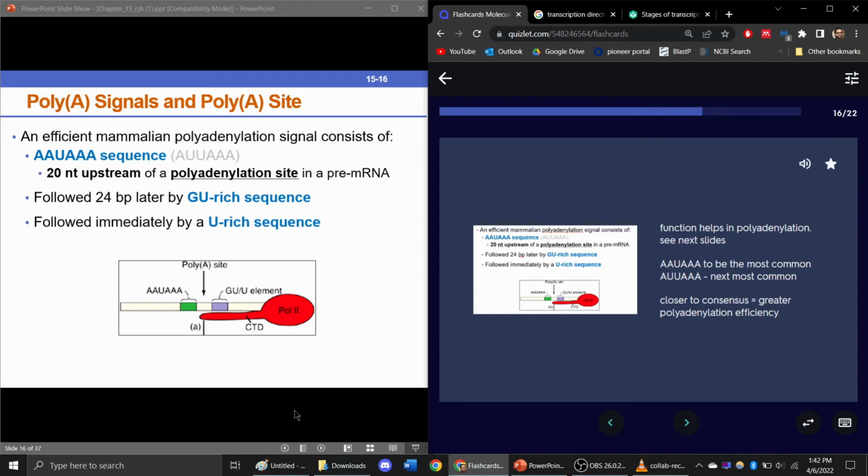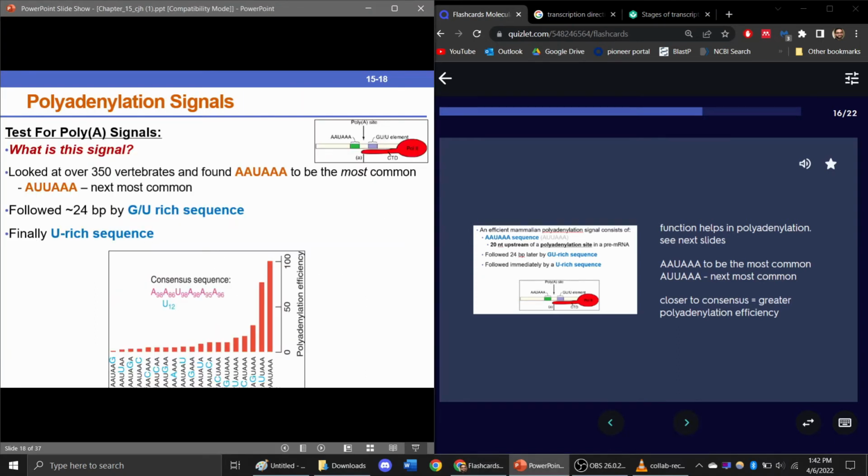This consensus sequence has a very important impact on polyadenylation efficiency, and you can see that in this graph here. This last one is your consensus, and you can see very high amounts of efficiency in polyadenylation. But as you start to do mutations to that, you see decrease and decrease. So that's the very important part of the signal.